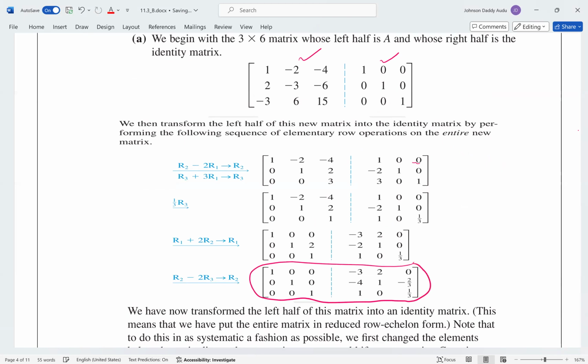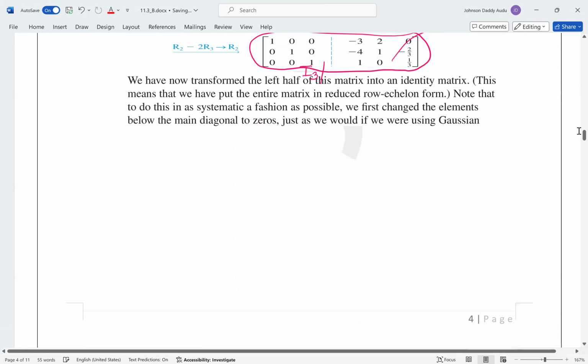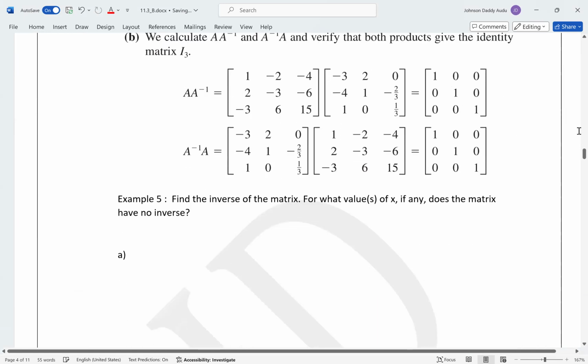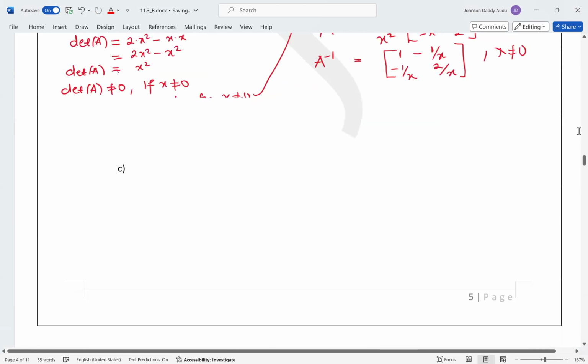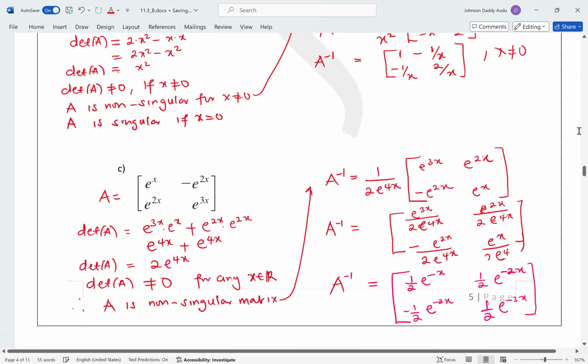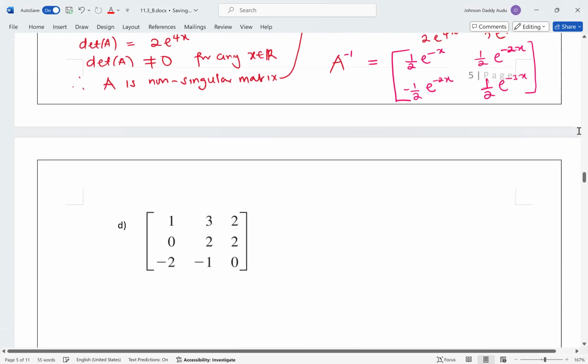So you see now this becomes the I3. So whatever you have, this one now becomes the A inverse. That's okay? All right, so let's use the same idea to answer question D, I think, this one.